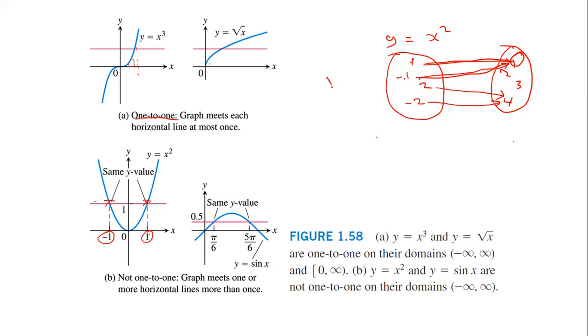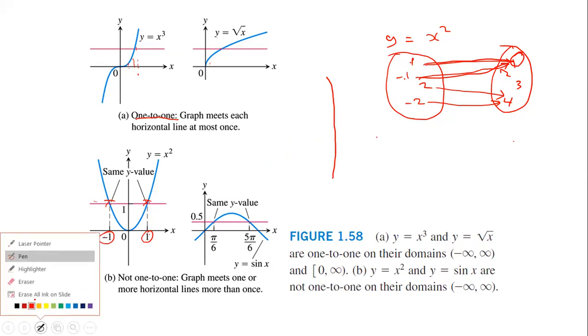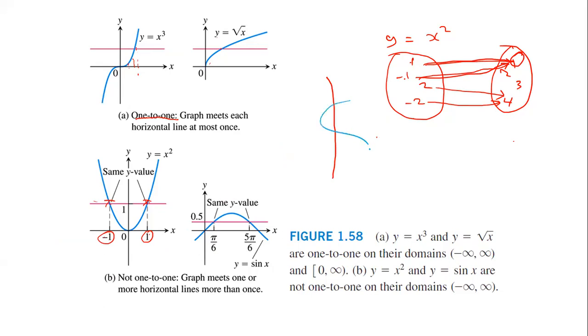What about the vertical line? The vertical line will test what? If it's a function or not. Excellent, if it's a function or not. Okay, so if the curve is like this, it's a function, right? Yes. Okay, but what if the curve is like this? It's not a function, right?